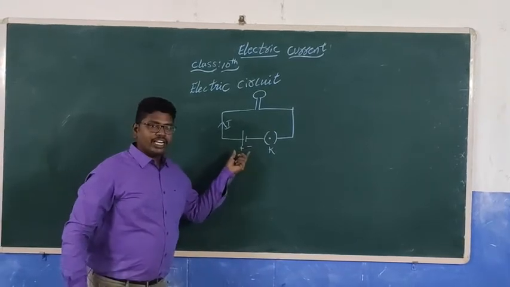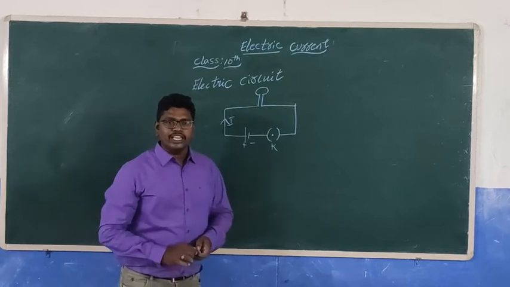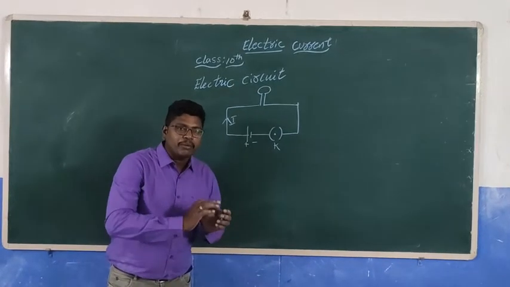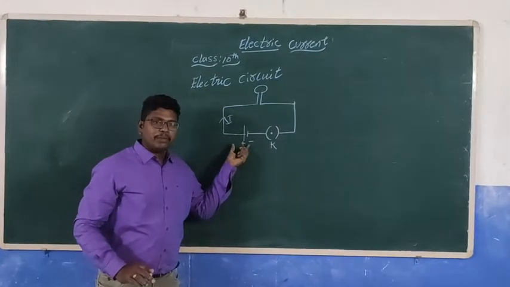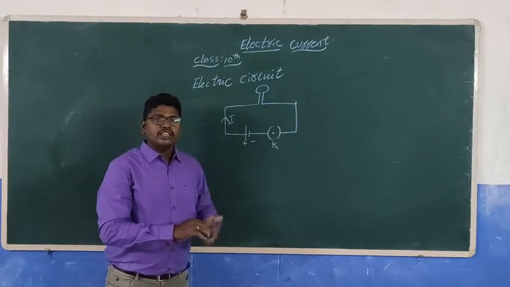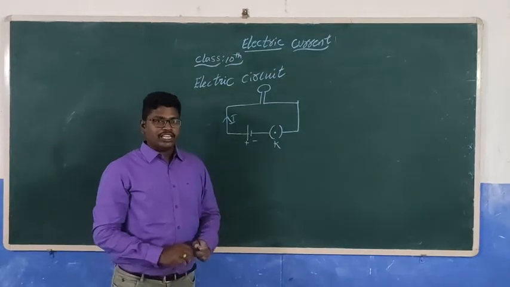Whenever you connect a battery, the functioning of the battery is that it has chemical energy, which is converted into electrical energy. So when you connect a battery, the bulb glows immediately because the battery converts chemical energy into electrical energy.